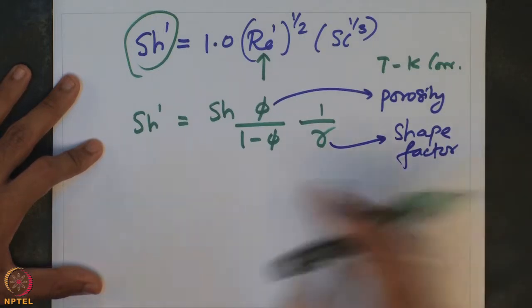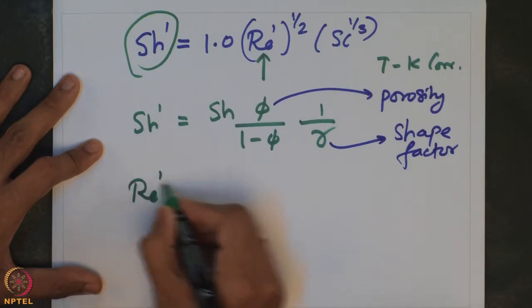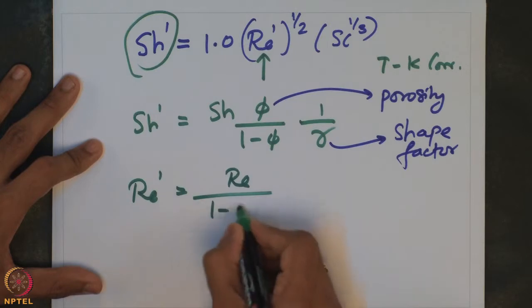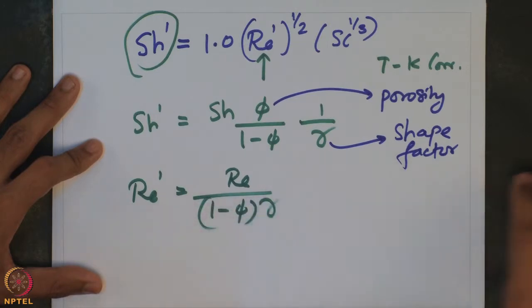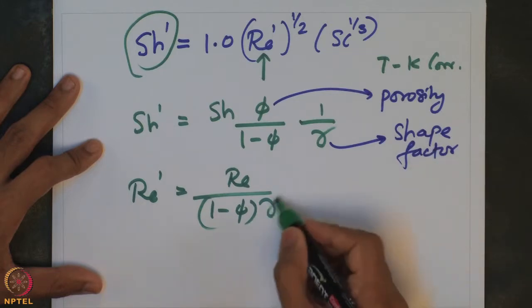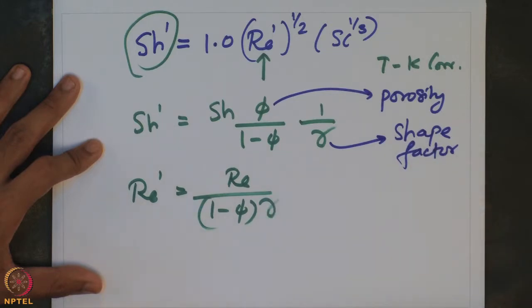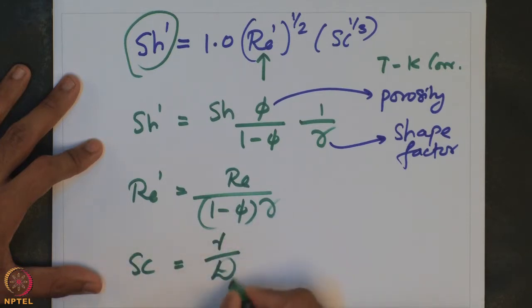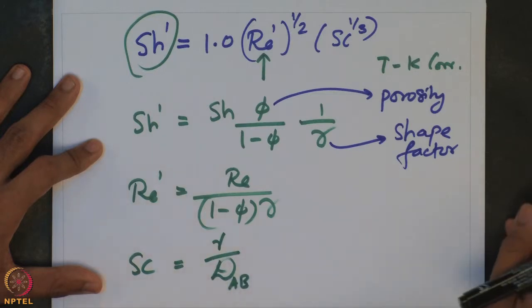The next parameter is the modified Reynolds number, which is given by Re divided by 1 minus phi into the shape factor. Once again, phi is the porosity of the bed and this quantity is the shape factor, and the Schmidt number is the same as what we saw before, which is the kinematic viscosity divided by the corresponding diffusivity at the operating conditions.